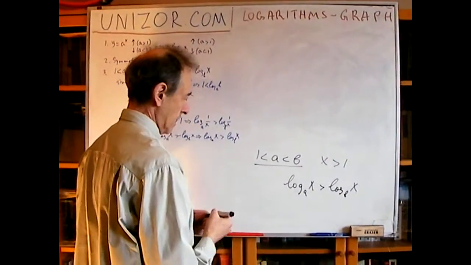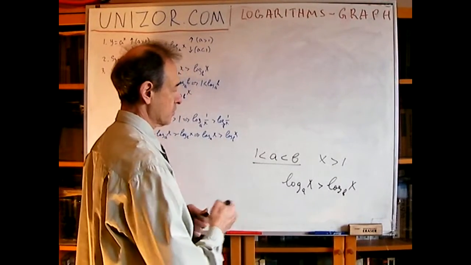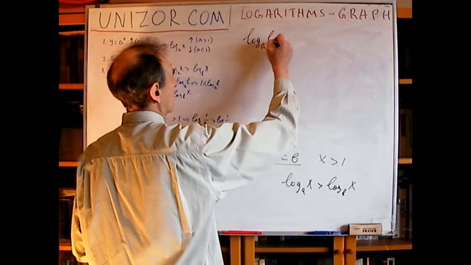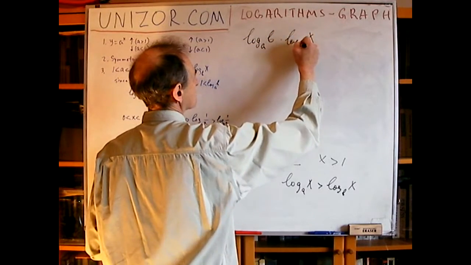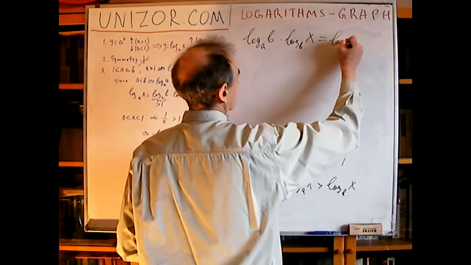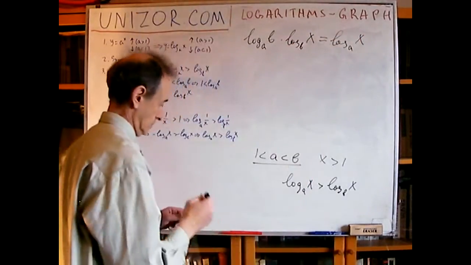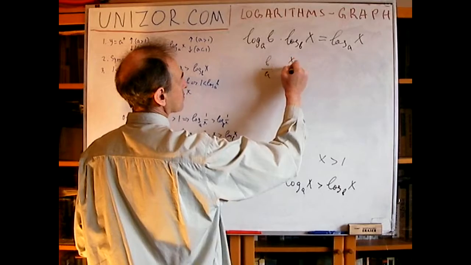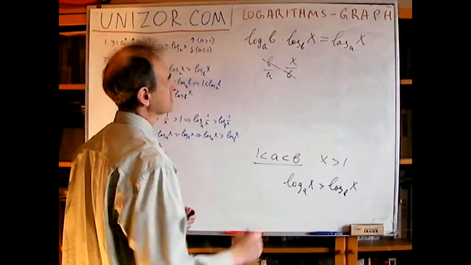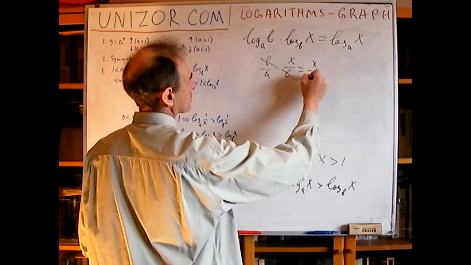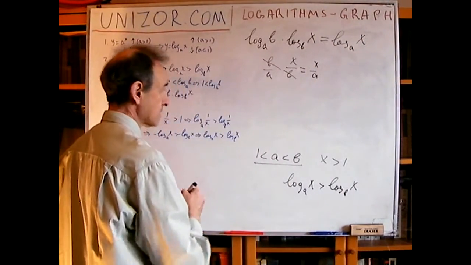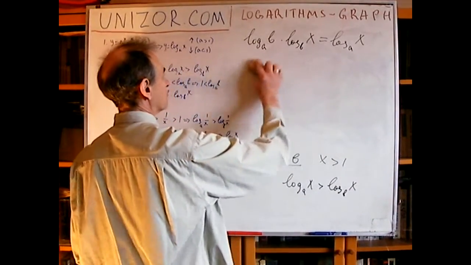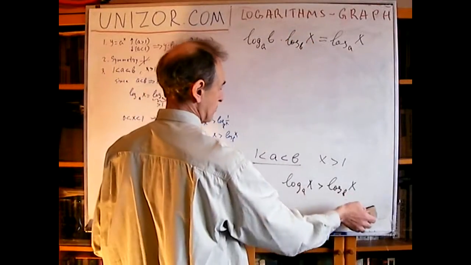Now, one of the properties of the logarithms which we were talking about was the following. log_a b times log_b x is equal to log_a x. Remember the mnemonics which I was talking about? a over b, b over x, b is reduced, so we have a over x. Again, this is just mnemonic. You don't have to think about any kind of meaningful relationship between this and this.